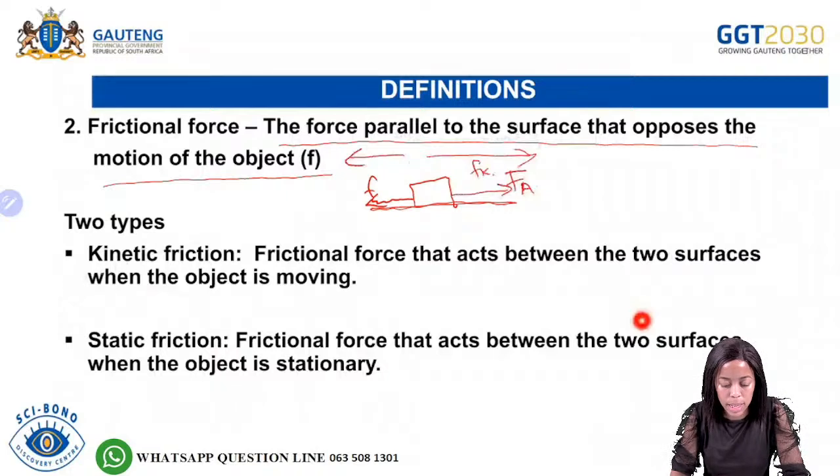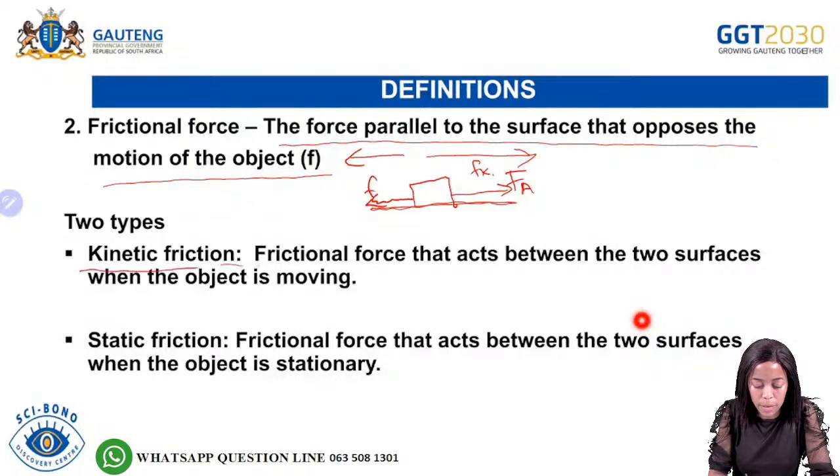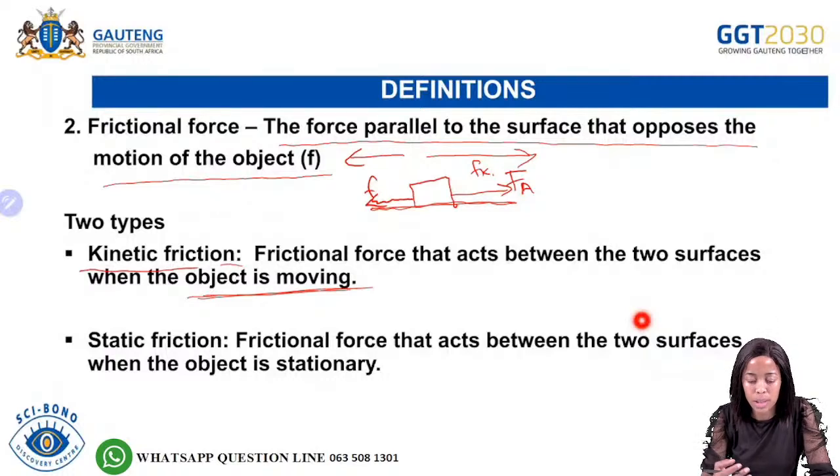Then it says here that we have two types of friction. Number one, we have your kinetic friction. It says frictional force that acts between the two surfaces when the object is moving. So this is the friction that we have when the object is in motion. How do we represent this kinetic friction?